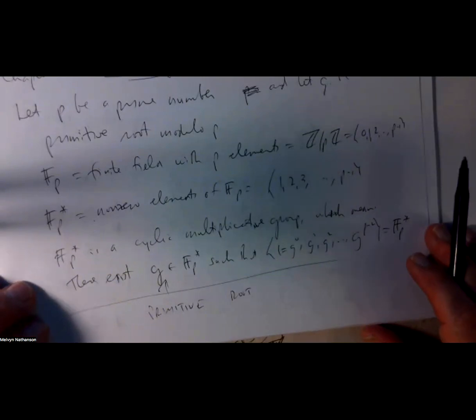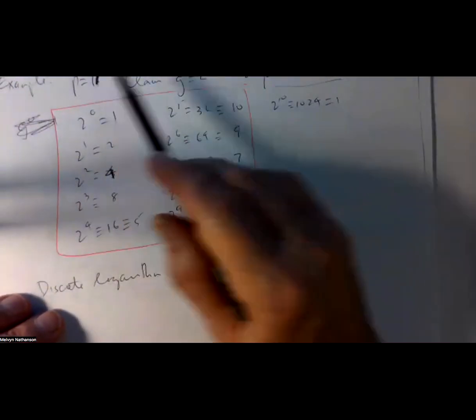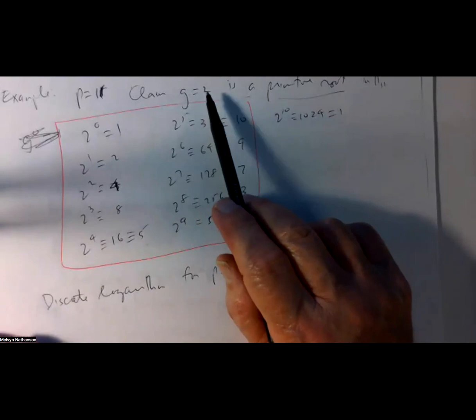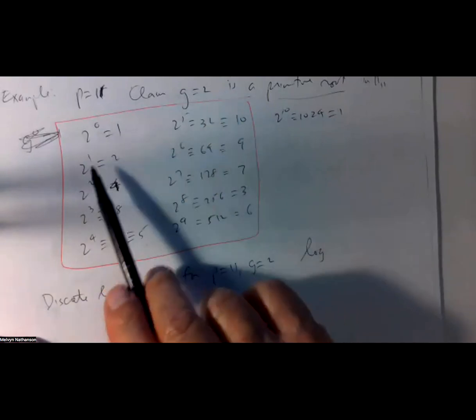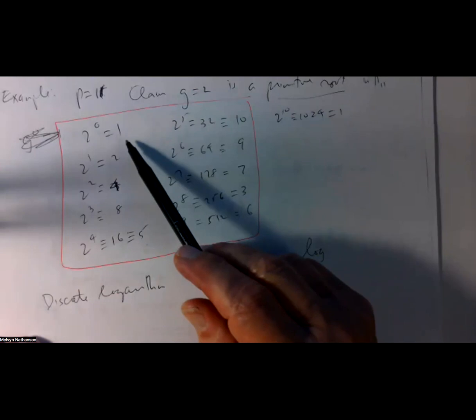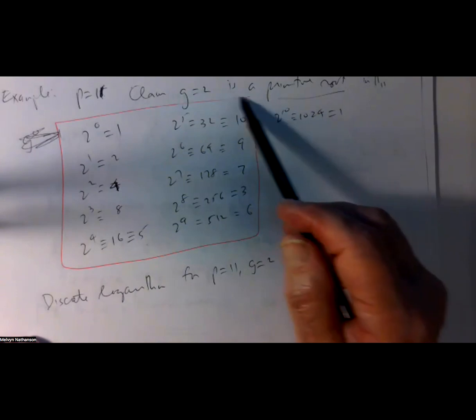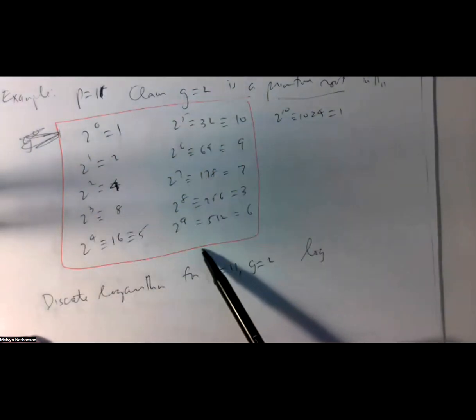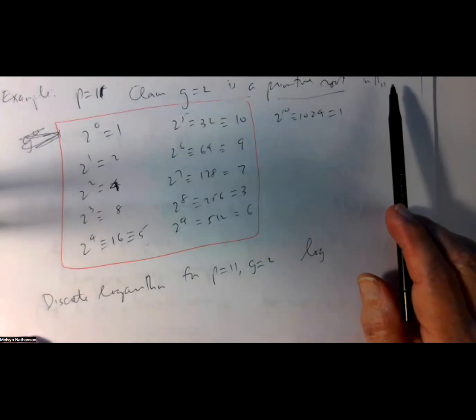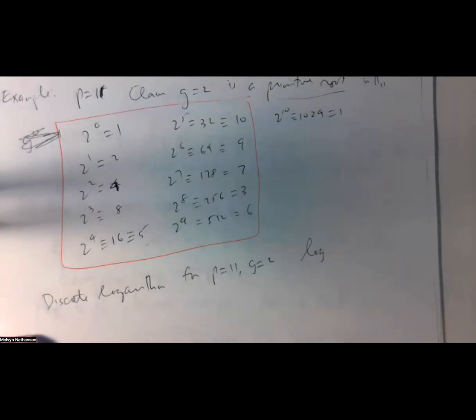All non-zero congruence classes mod P. So if I take P equal to 11, if I start taking the powers of 2, and I reduce them mod 11, I get 1, 2, 4, 8, 5, 10, 9, 7, 3, 6. You look at these numbers, that's every number from 1 to 10. So every non-zero number mod 11 is a power of 2. Okay. So that means from 1 to 10, you get every number there. Yes. Okay. Thank you, sir.